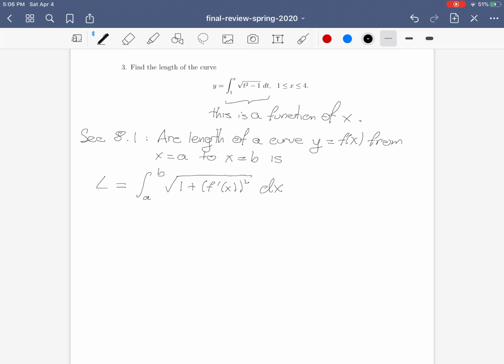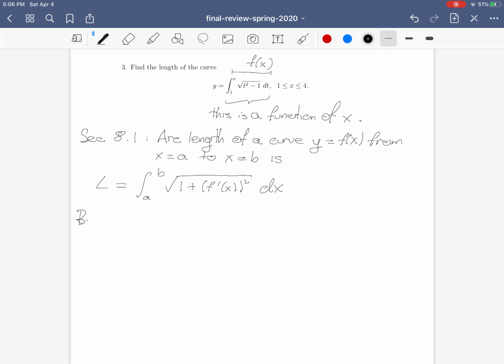Now what we need to do is apply this formula. Going back to our equation here, this is now our f of x. The first thing that we notice is we actually don't need to find f of x explicitly in terms of x in order to apply the arc length formula. We just need to find its first derivative, f prime of x.